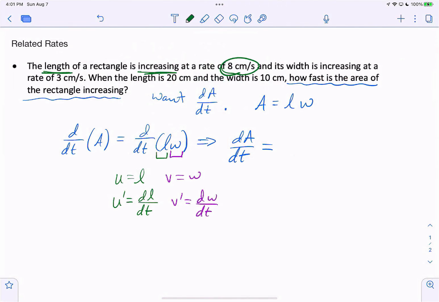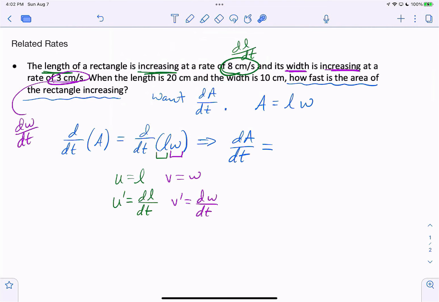That 8 is dL/dt. It's how the length is changing over time. And then we have the width increasing at a rate of 3 centimeters per second. That is dW/dt. Another reason is that if I just wrote L prime and W prime, it might not emphasize that everything is with respect to t. So you're going to keep seeing me using dt throughout this series of videos.